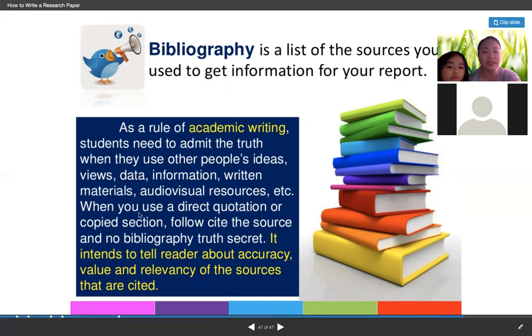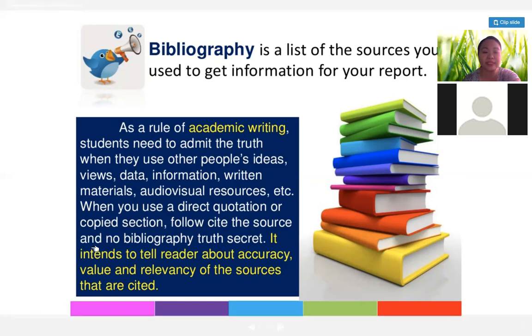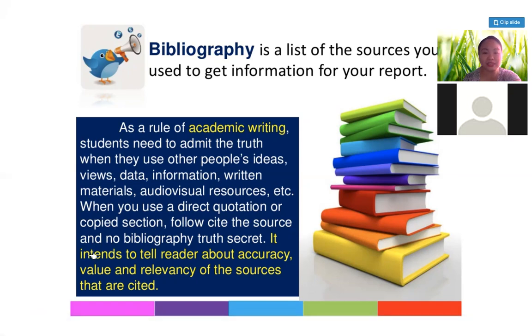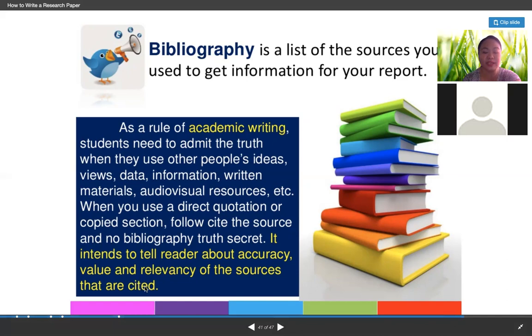So when you use direct quotation or copied section, you should cite, no? It's as simple as citing the source, and no bibliography too secret. Walang secret sa bibliography. It intends to tell the reader about accuracy, value, and relevancy of the sources that are cited.